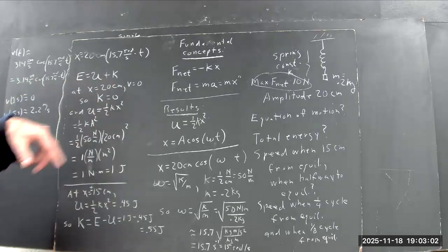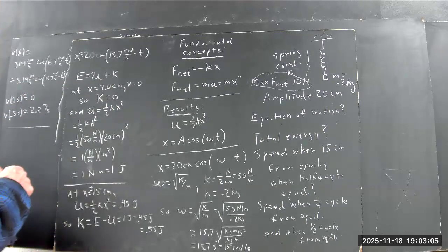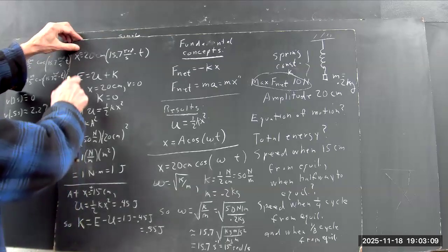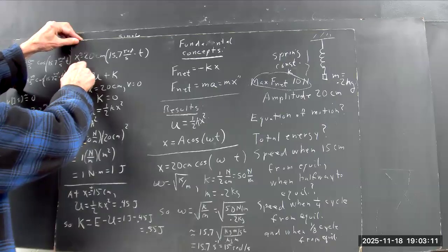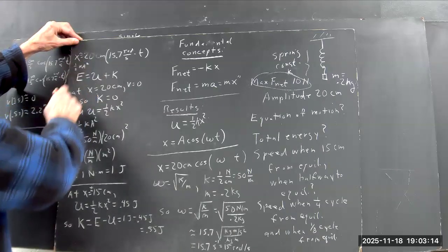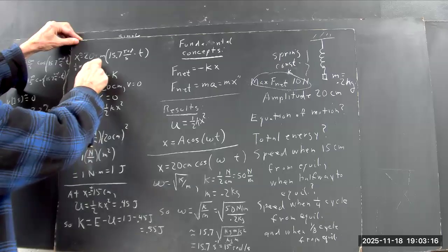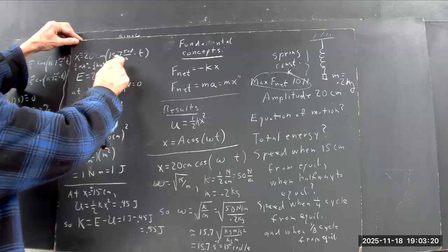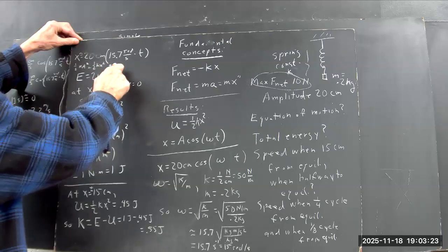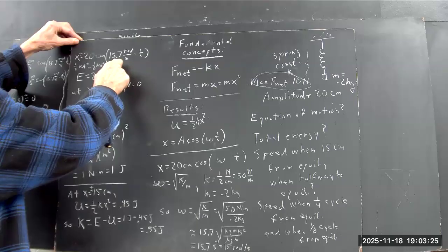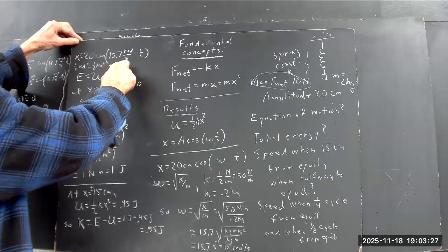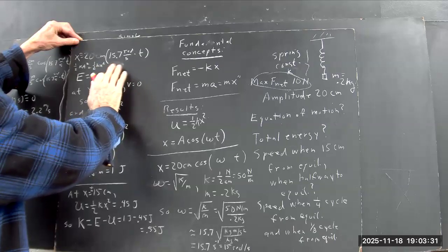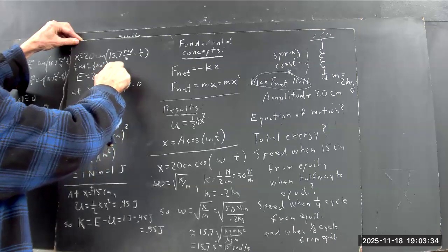This formula here could be written as one half k a squared equals one half k x squared plus one half m v squared.